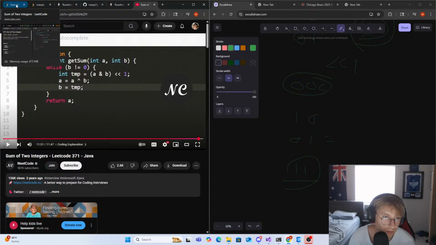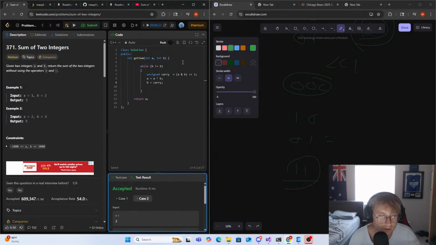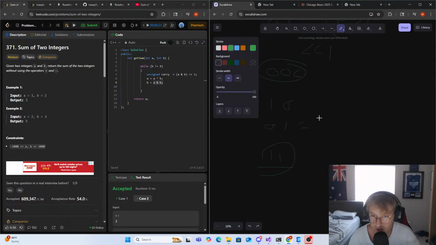Oh no, he's doing the bit shift left. The only thing different is that he's doing B is equal to carry. So that's my issue. Why does it have to be carry though? I'm not sure.